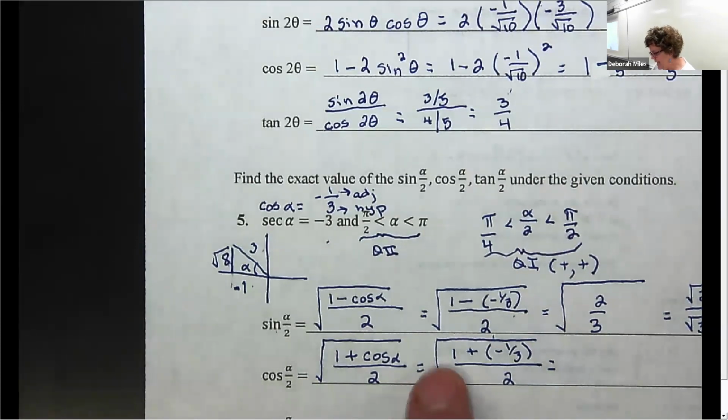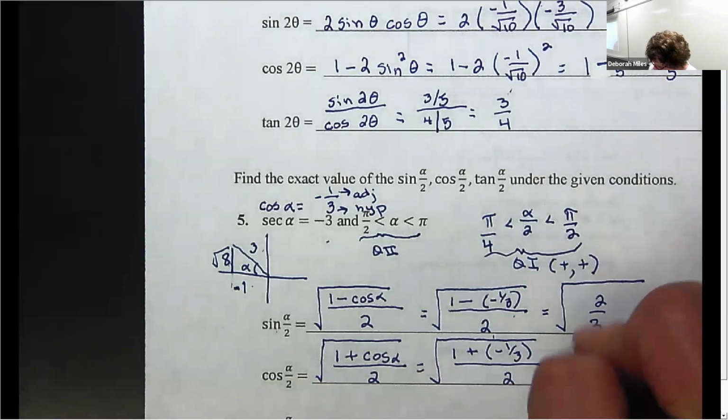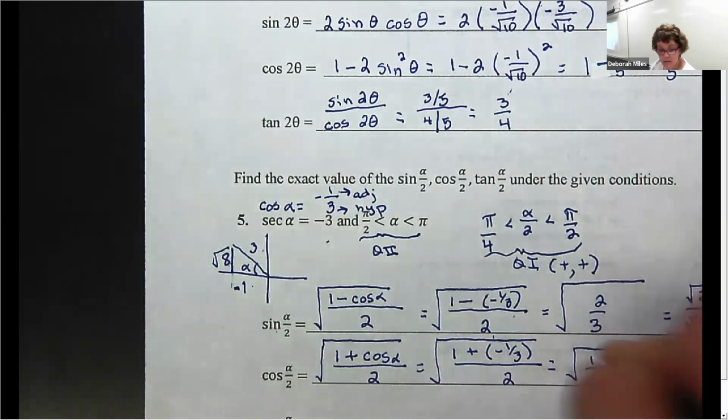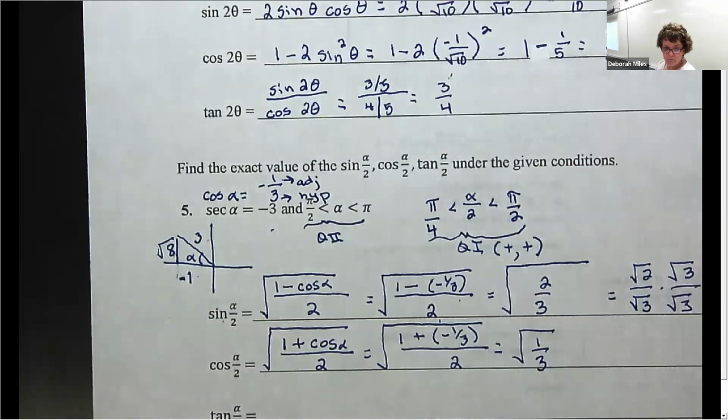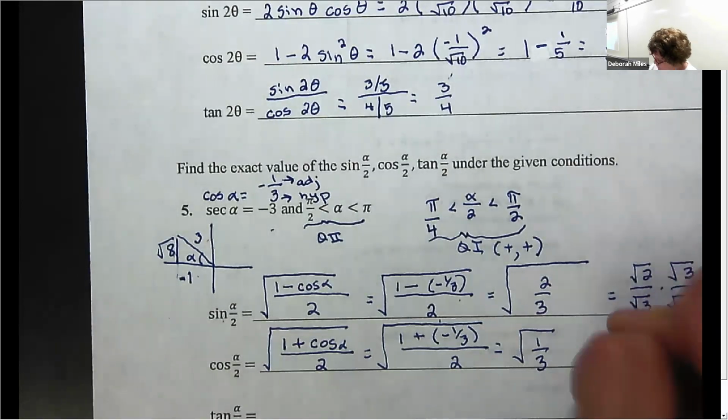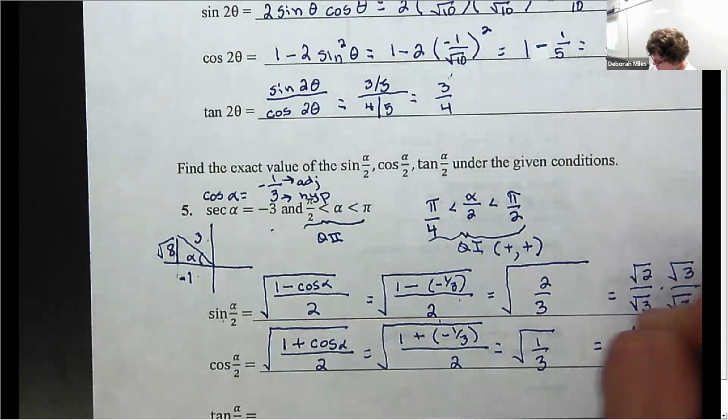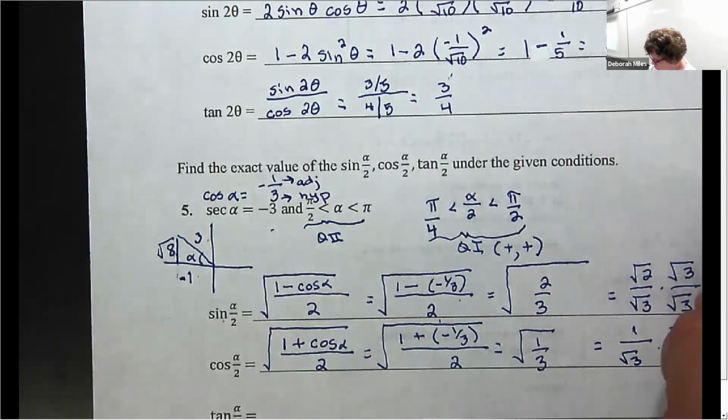One plus -1/3 is 2/3. Take half of that, and you get 1/3. That would be okay with me on the test. But in my math lab, you're probably going to have to rationalize it, and you'll get square root of 3 over 3.